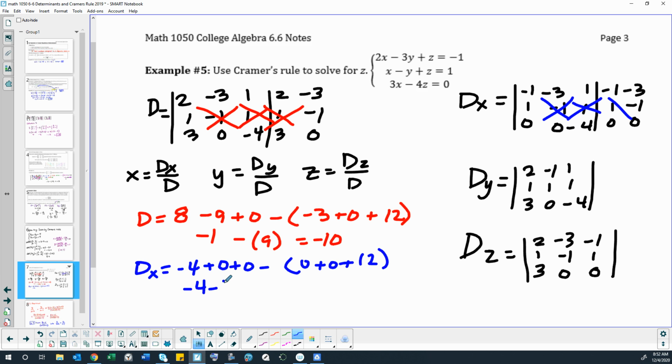So -4 minus 12 is -16. I keep hoping for pretty answers and I'm not getting them. Why would they make us have such ugly answers, right?